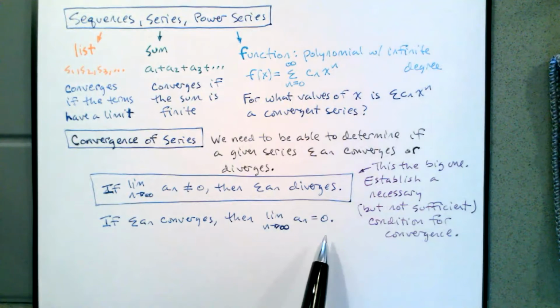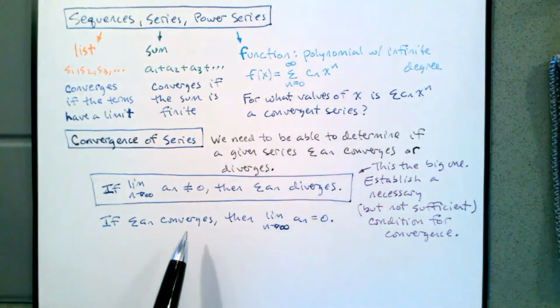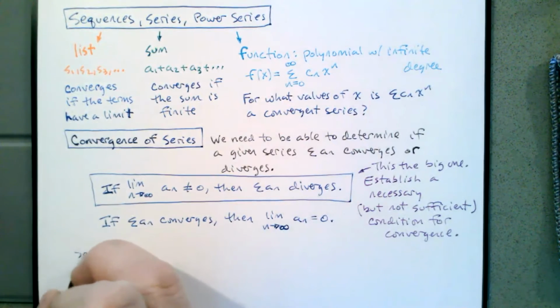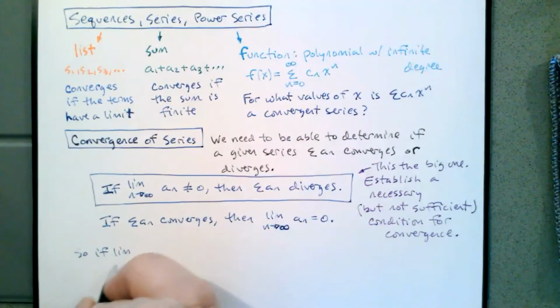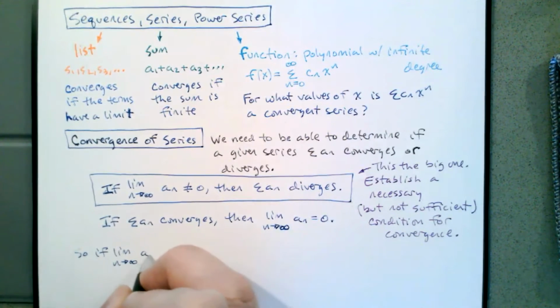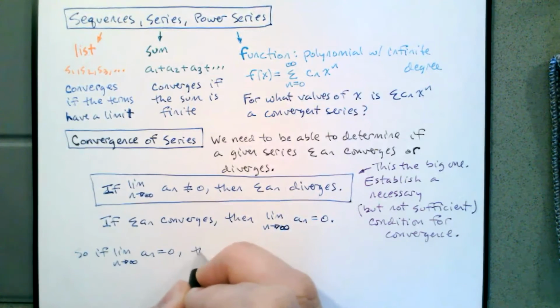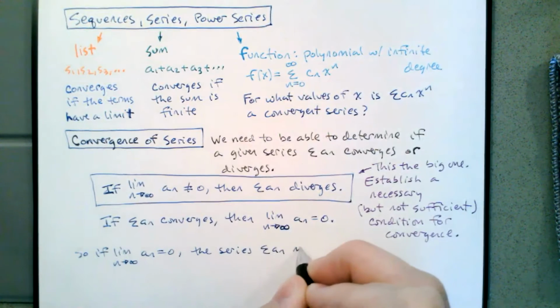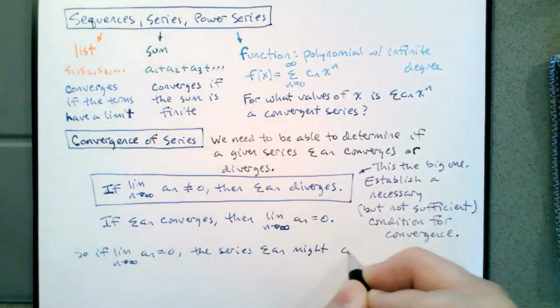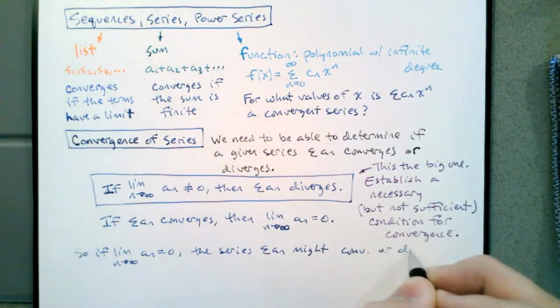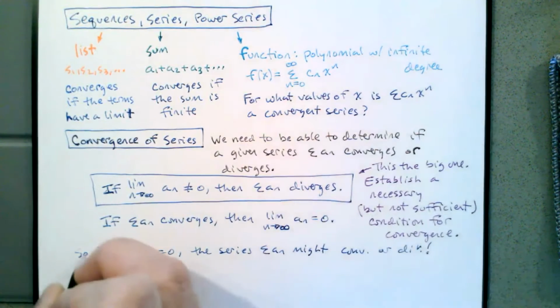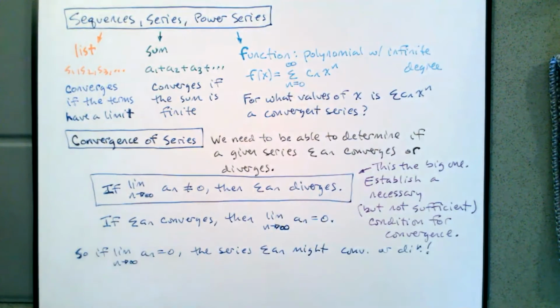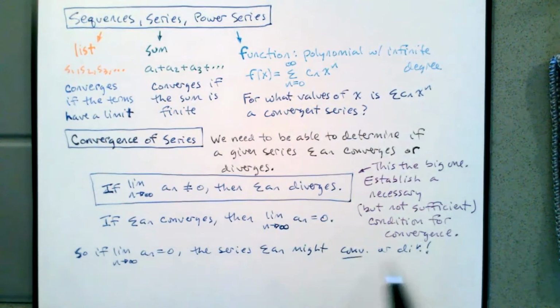So if the limit of the terms is zero, the series might converge or diverge.